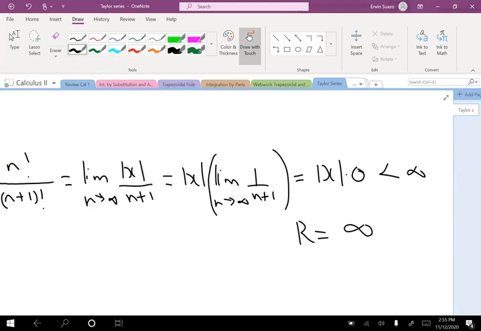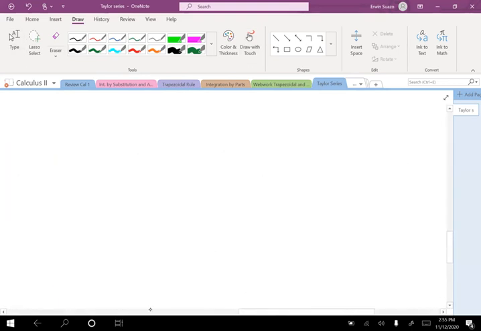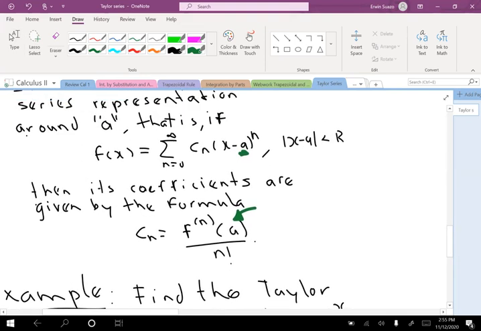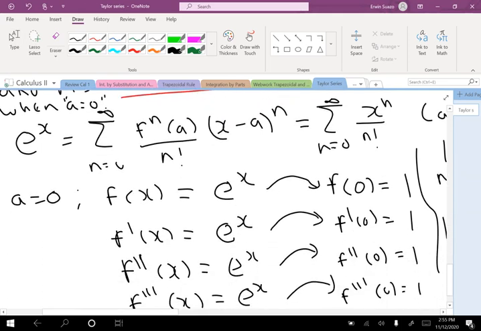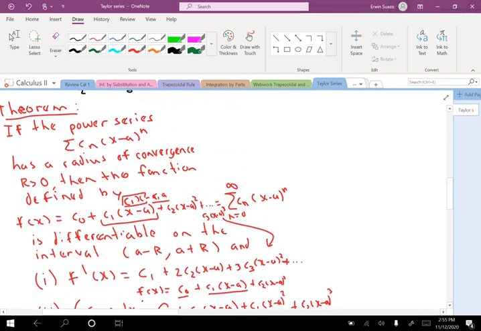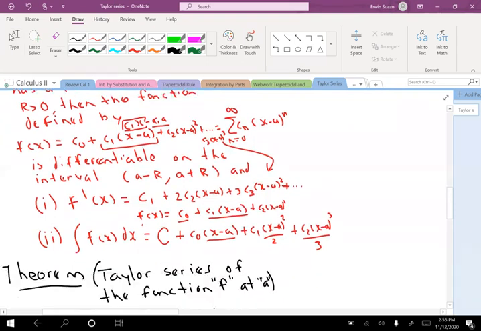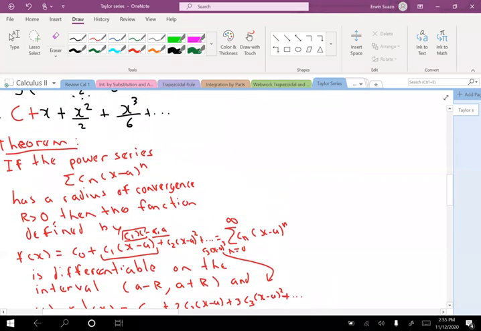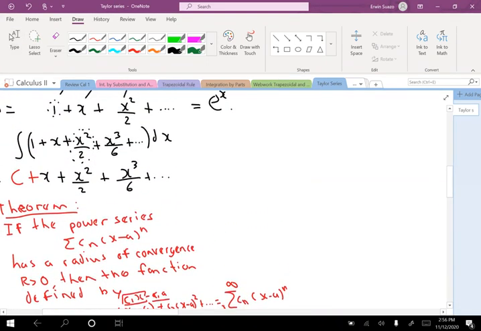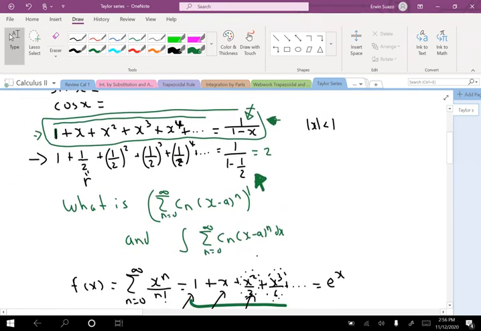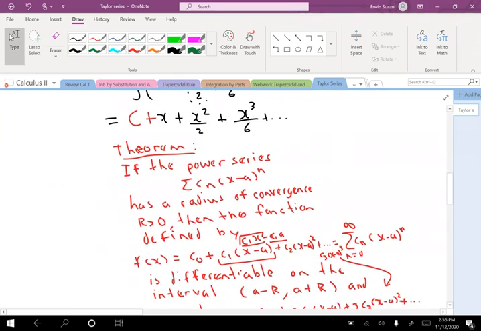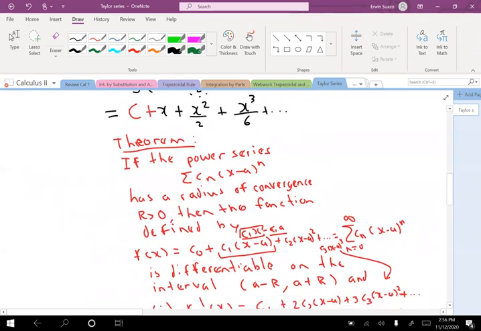So basically, this series is convergent from minus infinity to infinity, as the theorem says. Let me find it. Oh, over here.